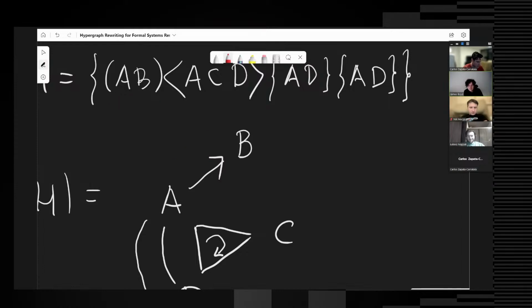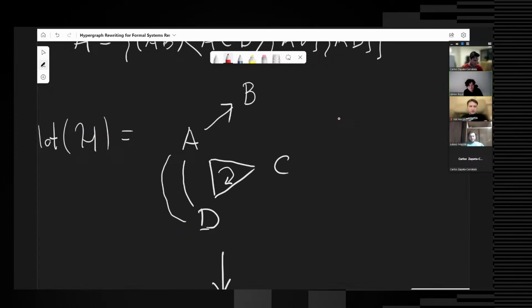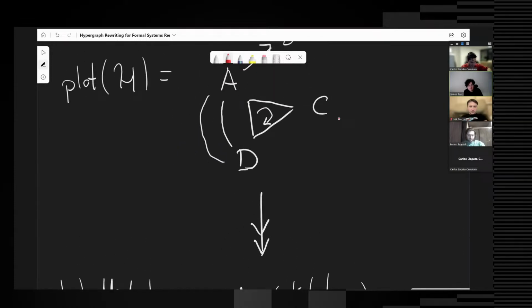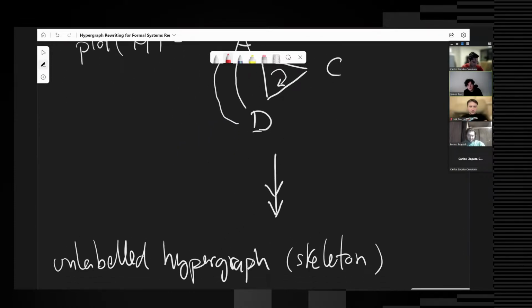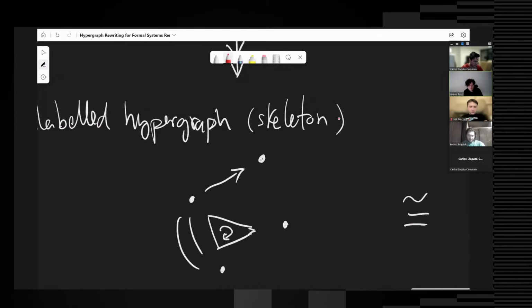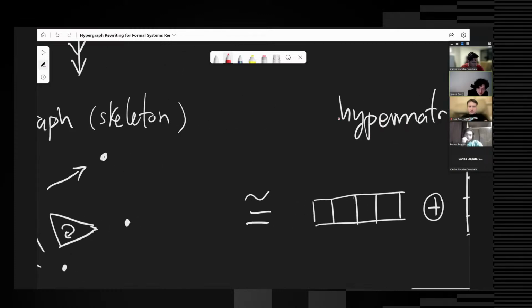It has the structure of a traditional set-theoretic, conventional mathematical hypergraph as a skeleton. So you can always project this down to an unlabeled hypergraph, which removes the labels, and you just keep the hypergraph structure. The interesting thing about the skeletons, which I think are the data structures we're going to be dealing with the most in a technical sense, is that they are dual to hypermatrices.